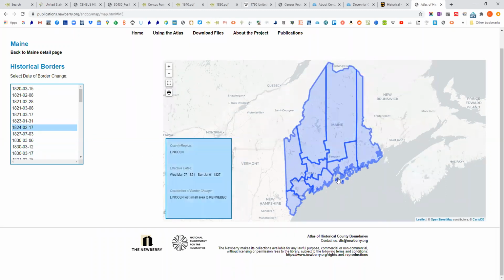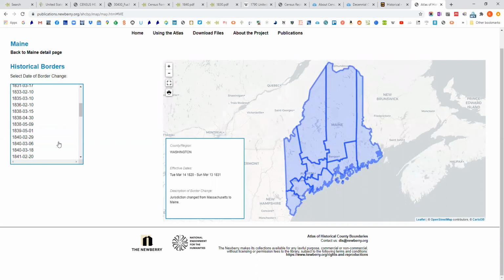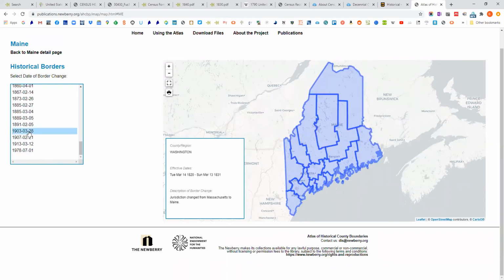You'll notice Penobscot County goes all the way up, as does Somerset, and Washington goes way up as well. And then if we go down here, you can see by this point you get that, and they have a description, the effective dates, and what happened as the change.